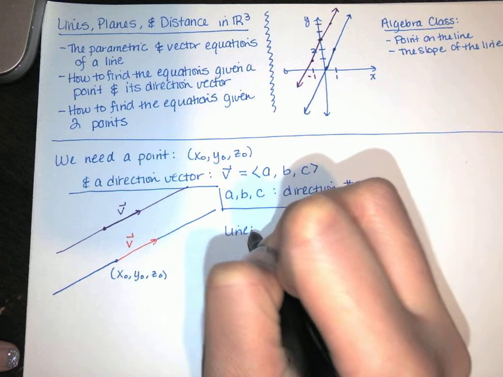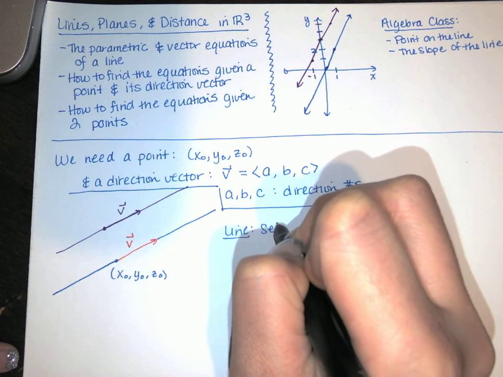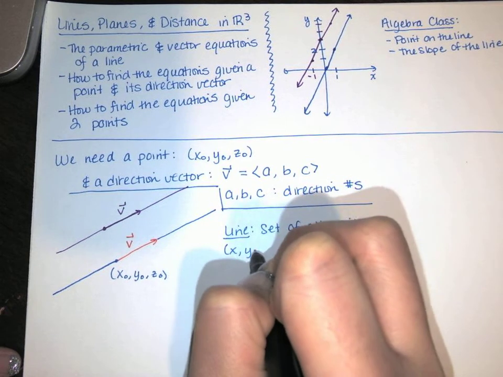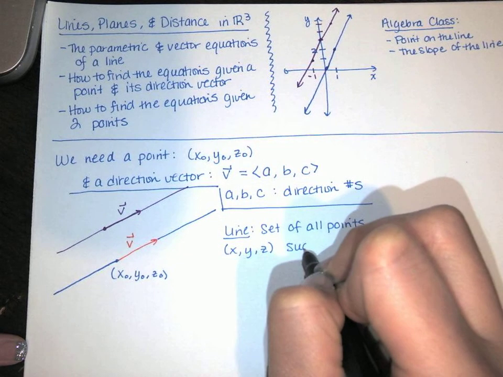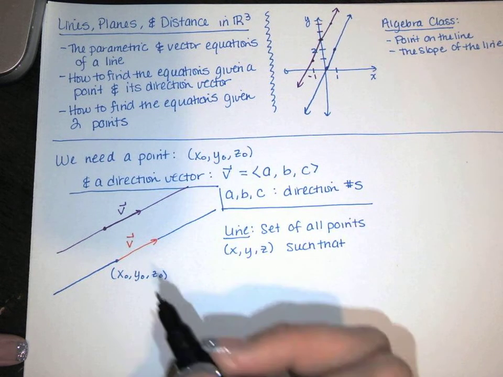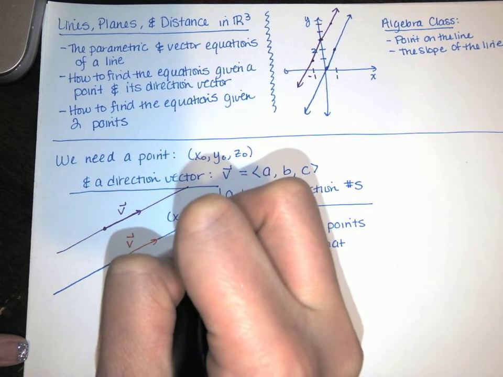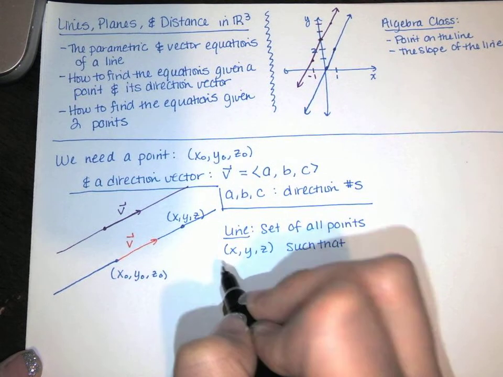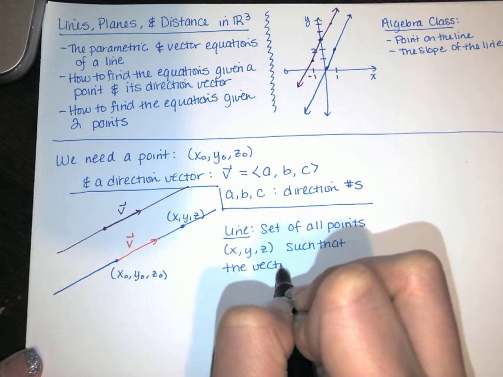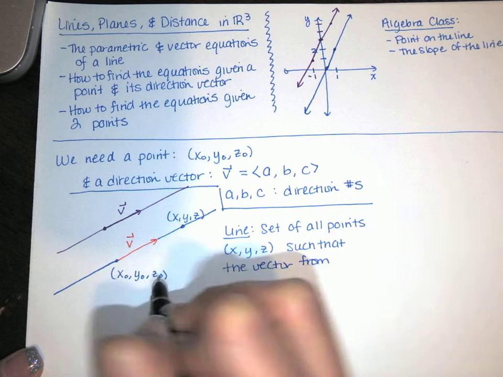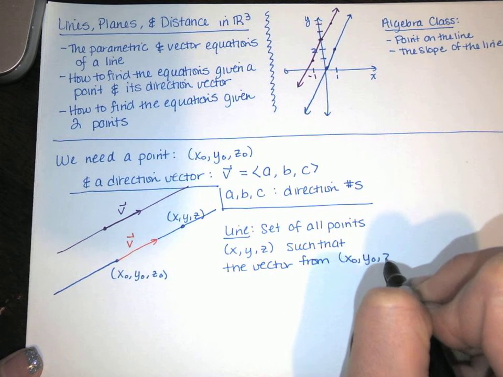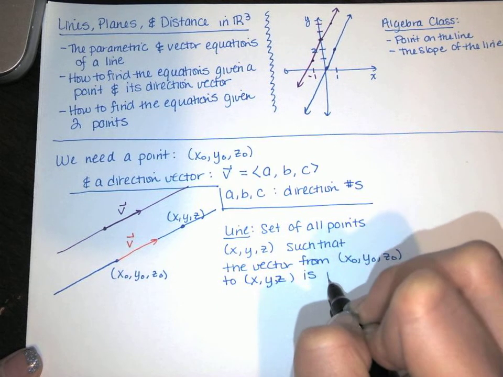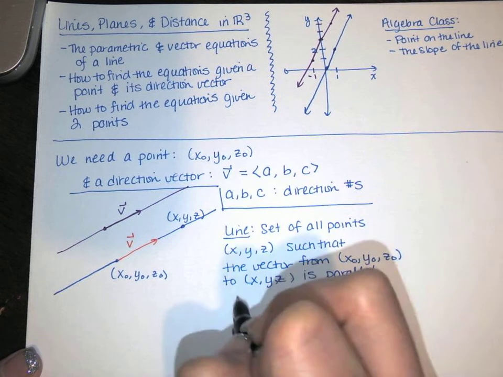So this line is going to be the set of all points x, y, z such that, let's say, the vector from x naught, y naught, z naught to x, y, z is parallel to the direction vector v.